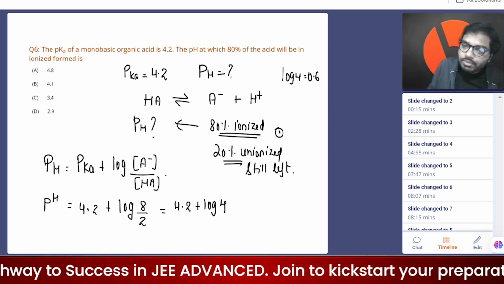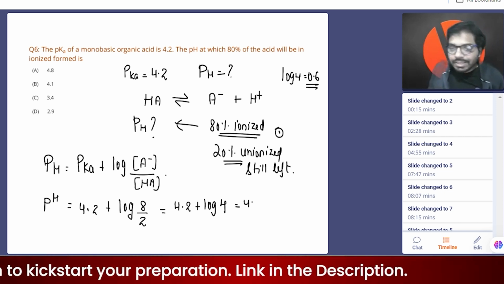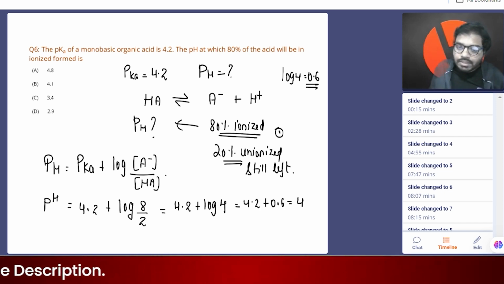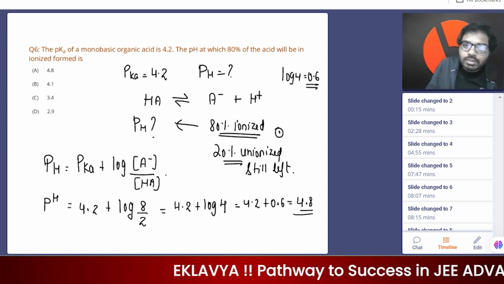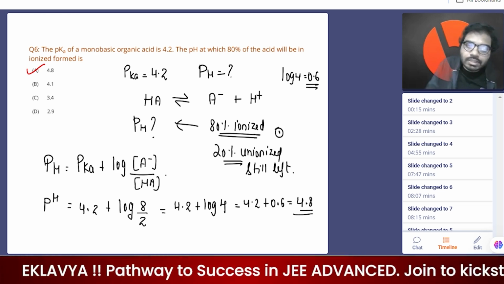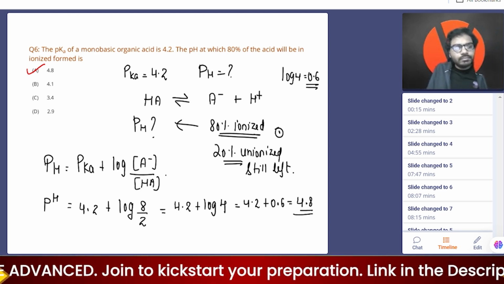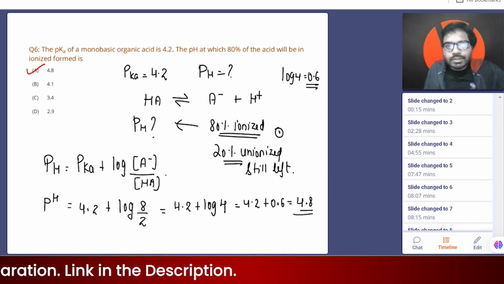The value of log 4 we can take as 0.6. So it becomes 4.2 plus 0.6, which is 4.8. So for this sixth question, the correct answer will be A. I hope this is clear to you.